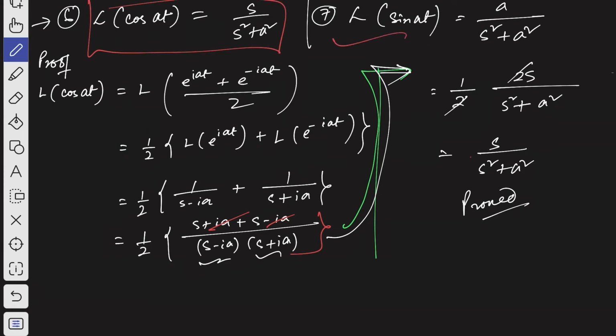Now let us prove this 7. Let me scroll down the page. What was the 7th formula? That was the Laplace transformation of sin at, which is nothing but a by s square plus a square. So let us prove this.